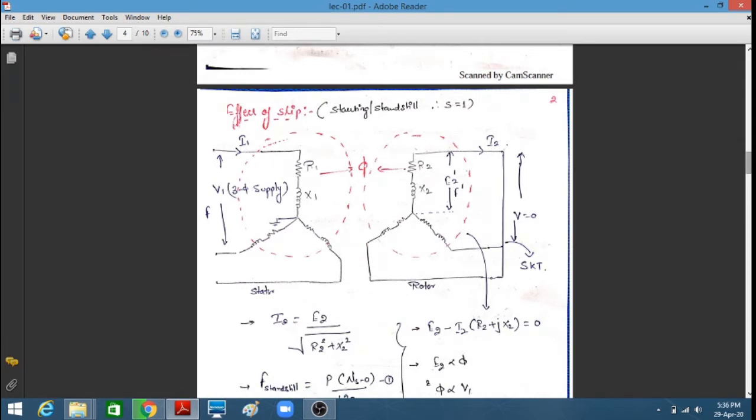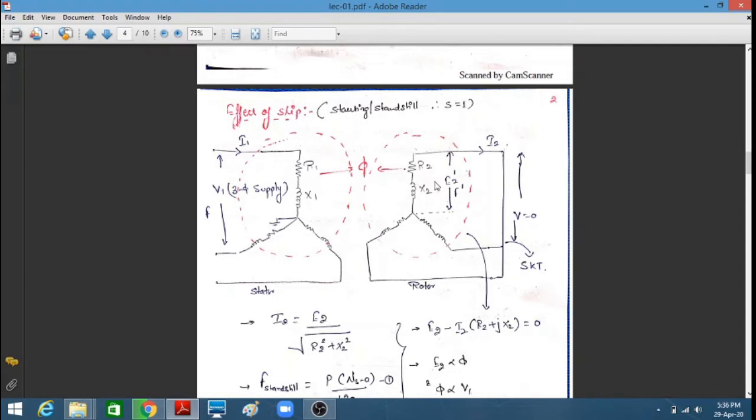What is the effect of slip? Due to slip, what effects is the rotor facing? This is the circuit. The first circuit is in star connection, that is the stator side, which is stationary, and the second circuit is our rotor circuit, which is movable.